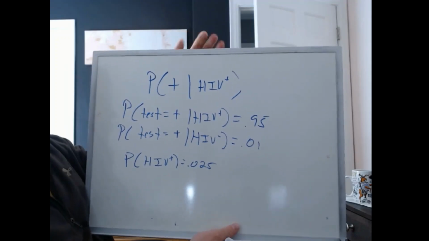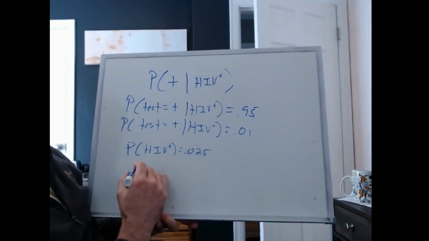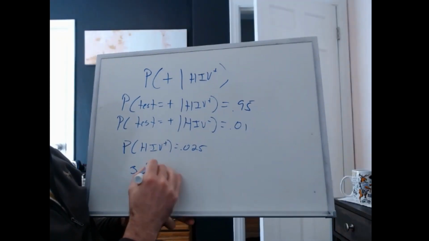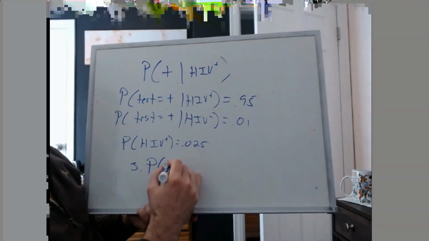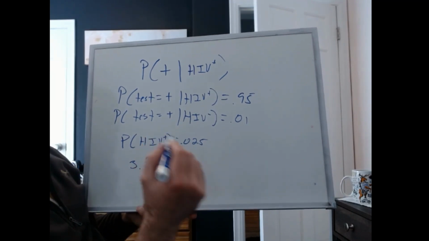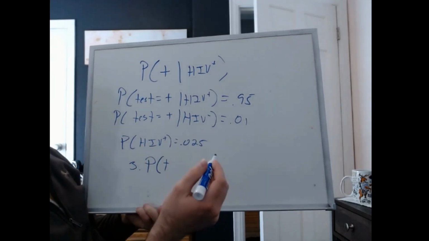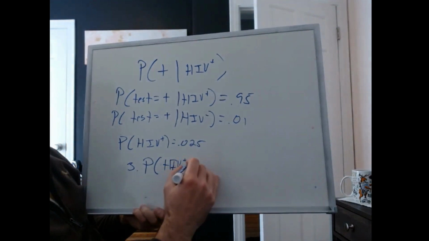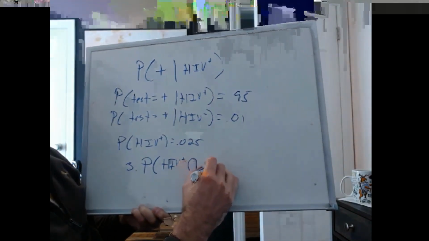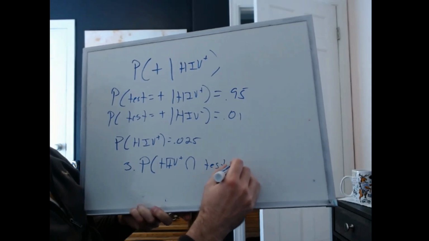Using this information, we want to find, in problem 3, the probability that the individual has HIV and the test comes back positive. So what's the probability that somebody is HIV positive and the test comes back positive?